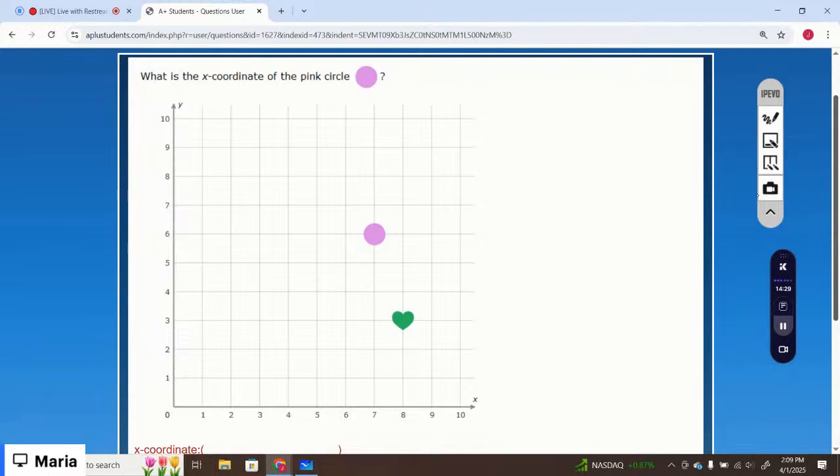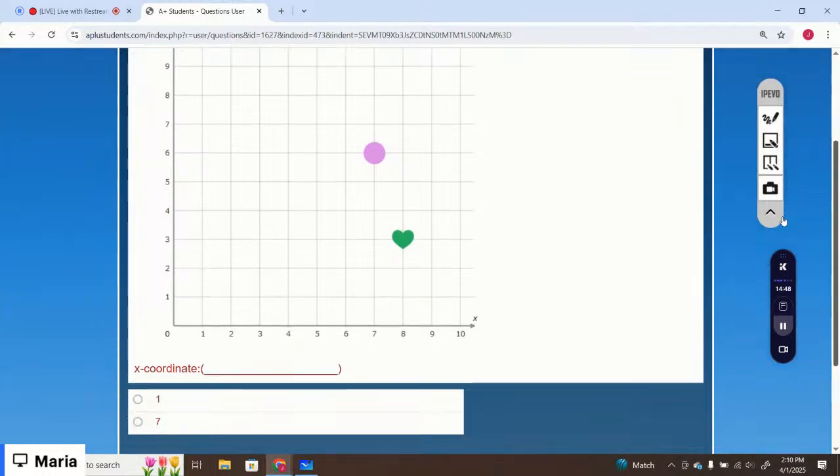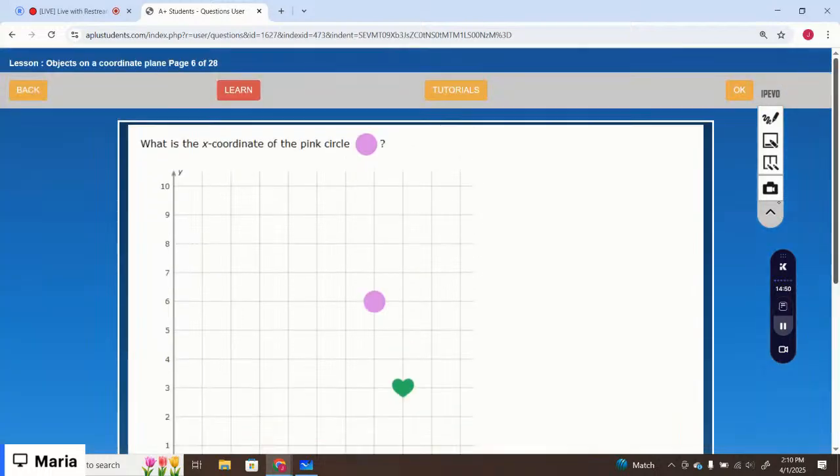The x-coordinate of the pink circle is 7. The correct option is option number 2, that is 7.